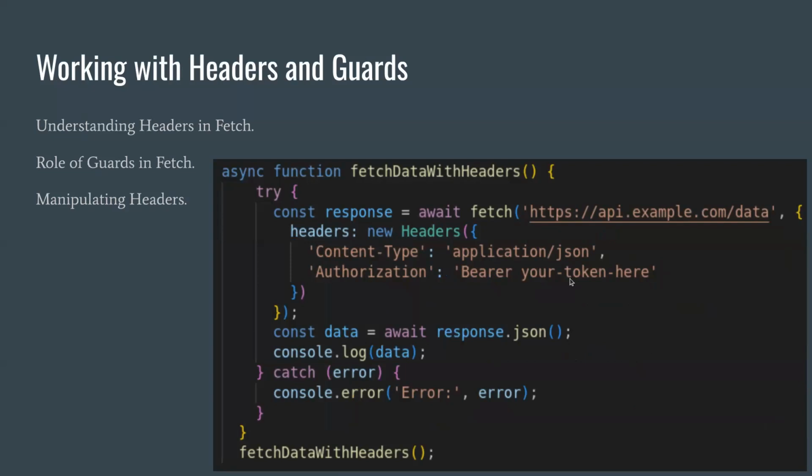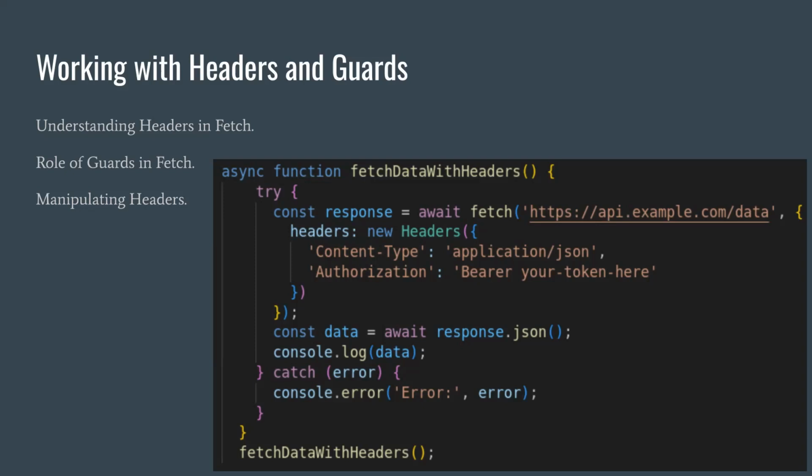Working with headers and guards. Headers, as you saw from interacting with a web browser, like a developer inspector tool, play a critical role in the Fetch API in defining request and response metadata.